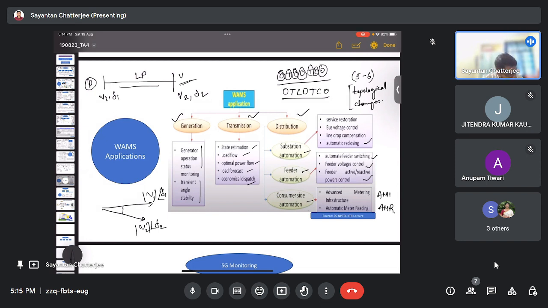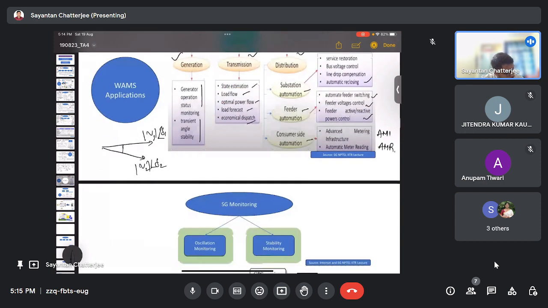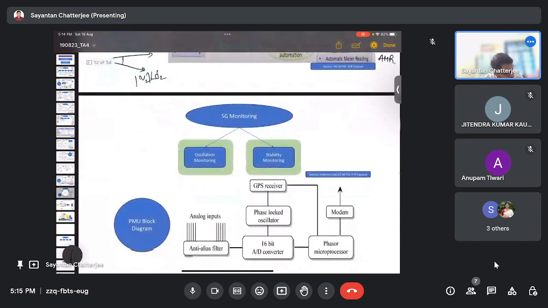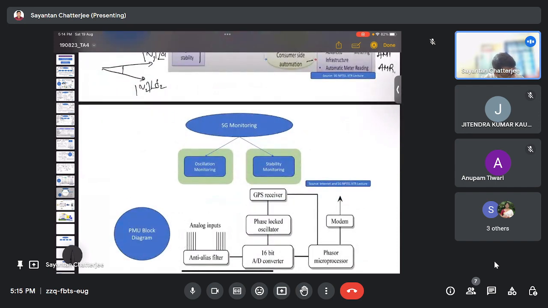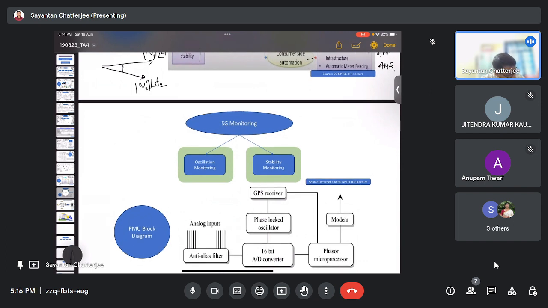Another part is also voltage stability monitoring. In voltage stability monitoring, we can find out whether the knee point on the voltage stability curve, the voltage versus power curve, exceeds the limit or not.